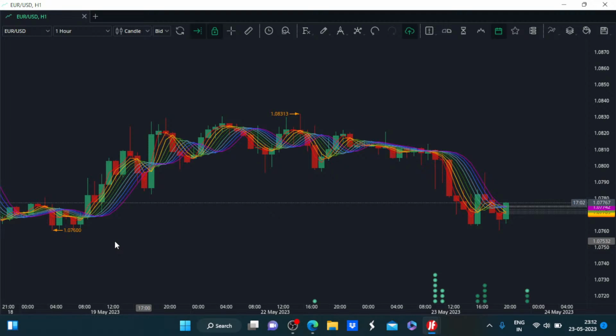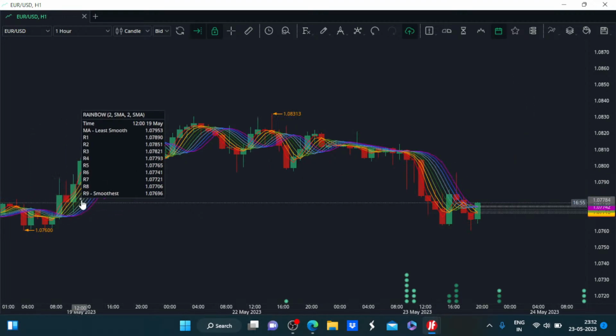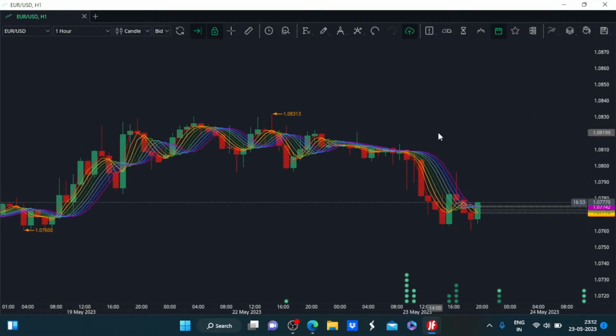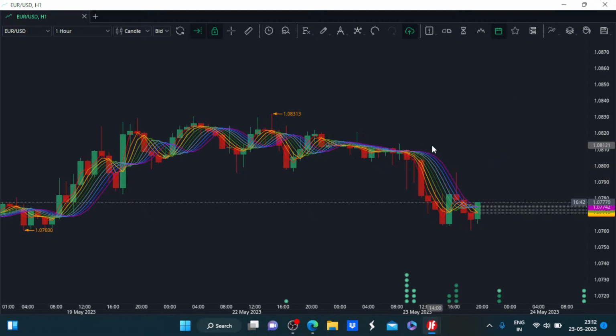And for bearishness, we need the conditions of the bullish formation to be reversed. We will need the lower line to be defined as the least smooth moving average, and the higher line needs to be the smoothest one.